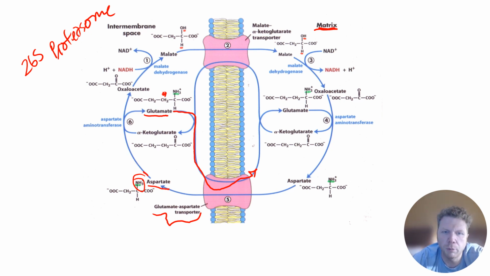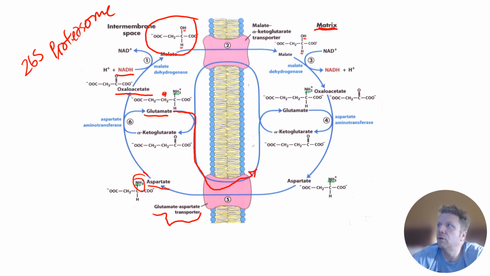The other output from the aspartate aminotransferase is oxaloacetate. That oxaloacetate is going to be able to accept electrons from NADH. NADH is going to get oxidized while oxaloacetate gets reduced, and we're going to generate malate.